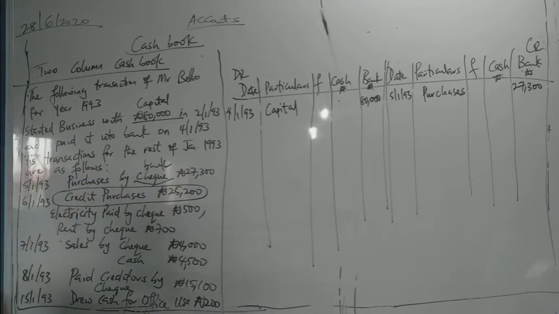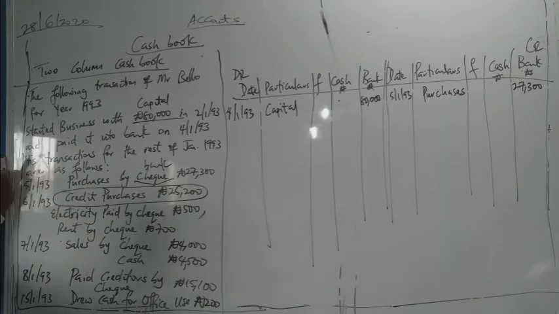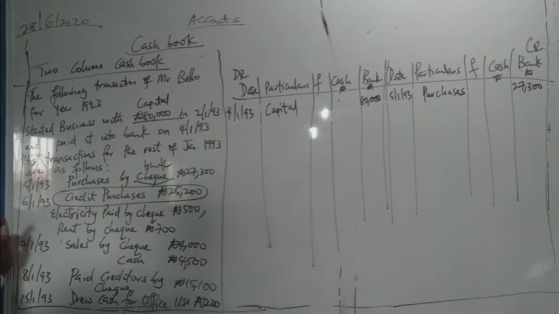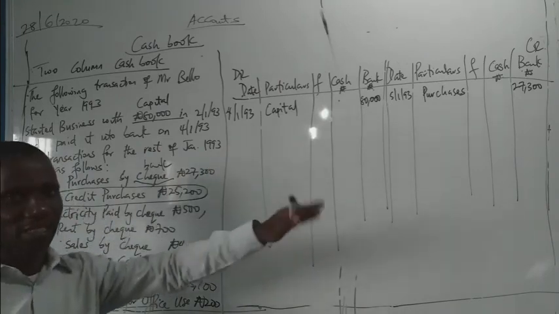So this will never come into the cash book because it doesn't involve any payment. The payment is postponed to the future. That's why they call it credit. So anything that involves credit is never recorded or posted here. It is only when proceeds are collected or when payment is made that it is recorded here. So this will never hit this.